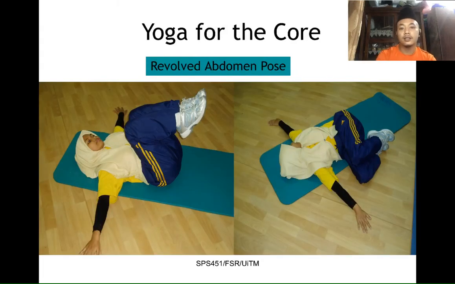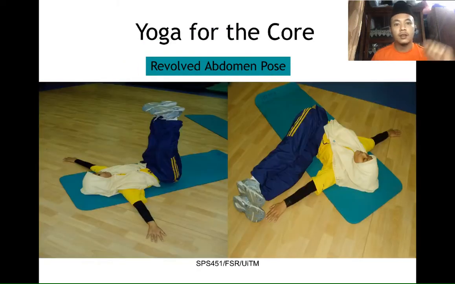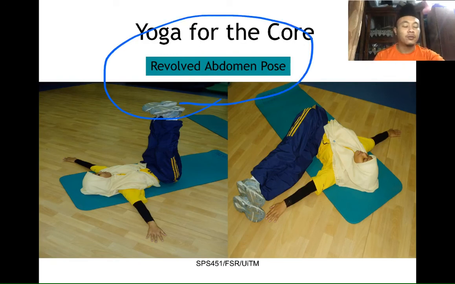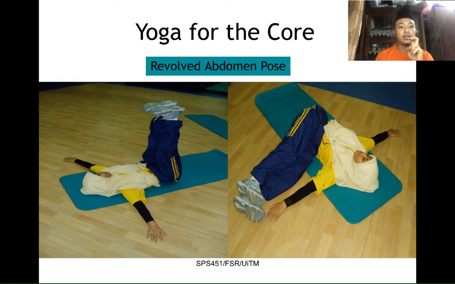And next one is revolved abdomen pose. Next slide is revolved abdomen pose for advanced athlete. Yang tadi kalau awak bengkokkan kaki tu just for beginners. Tapi kalau dah biasa buat, you straighten up your leg and then you do revolved abdomen pose.